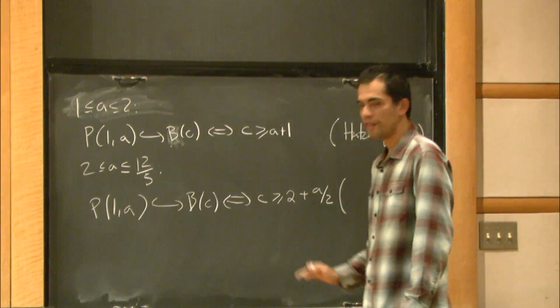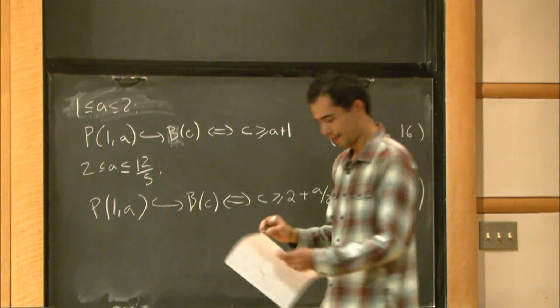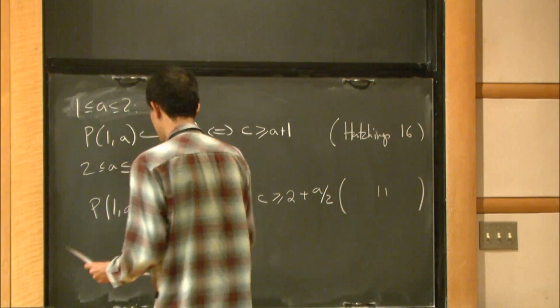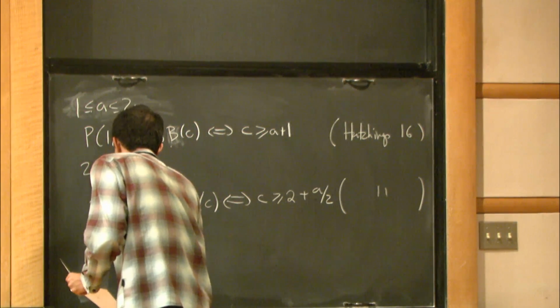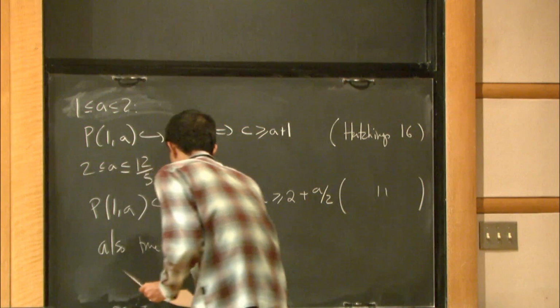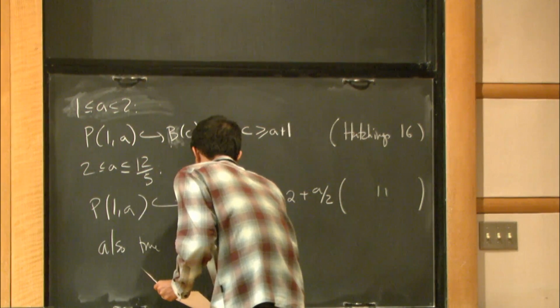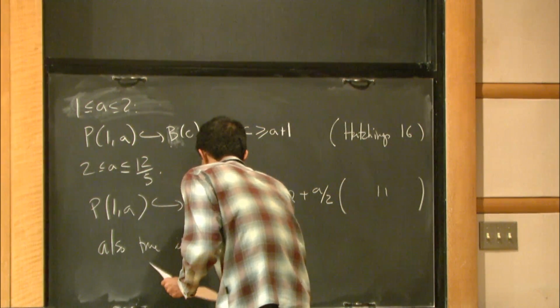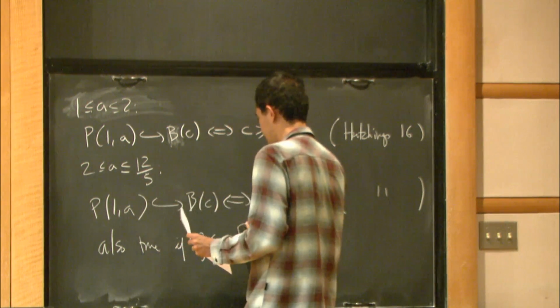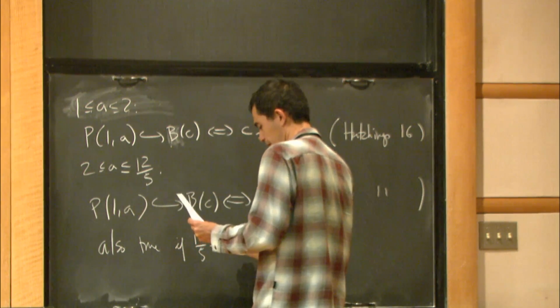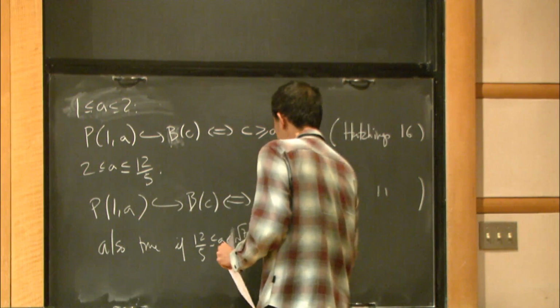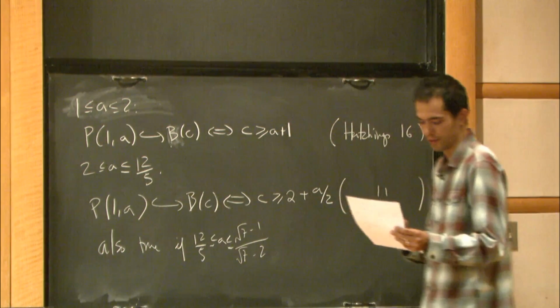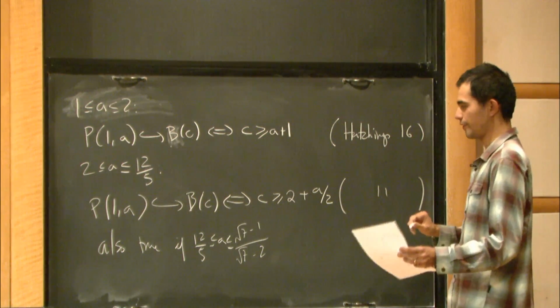And you can even go a little bit further and still have the same result. So this is also true if A is between 12/5 and some funny number that's a little bit above that. This is about 2.55.